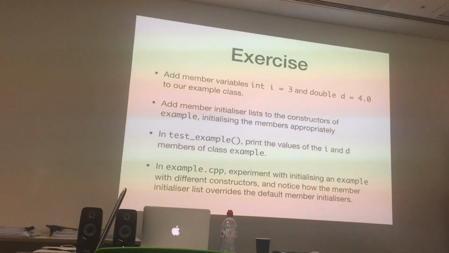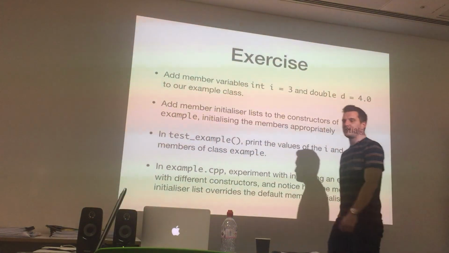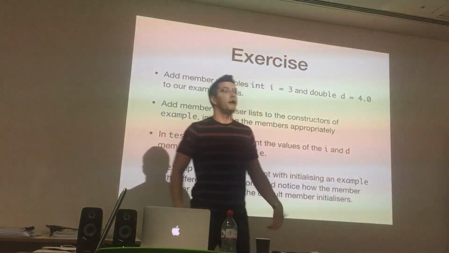Can anyone think of any situation in which the compiler would not be able to provide us with a default constructor, even if we've asked for one? When might it be an error for the compiler? If you've got a member that needs a constructor argument. Perfect. Yes, if you've got a member that is not default constructible, or a base class as well.